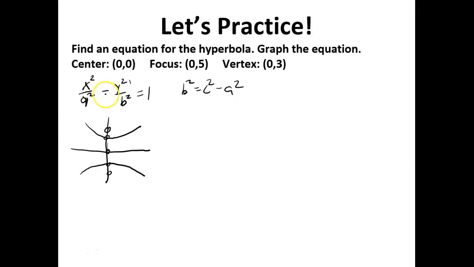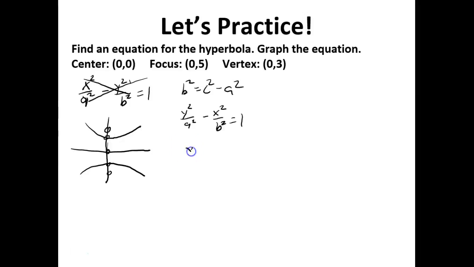Well, let's see here. The transverse axis is along the y-axis, which means y squared is going to have to start off. Instead, we're going to use y squared over a squared minus x squared over b squared is equal to 1, like that.